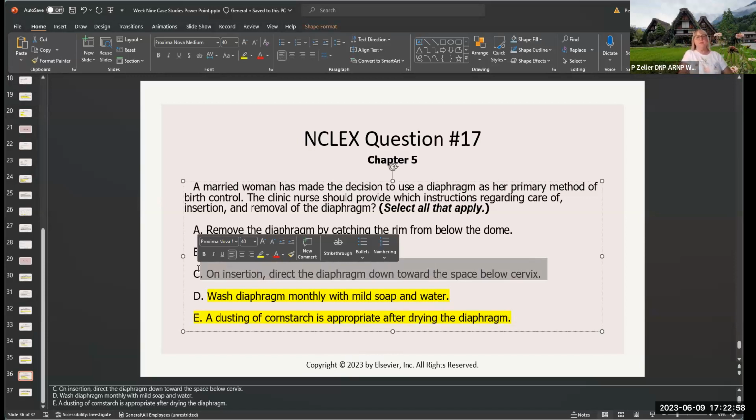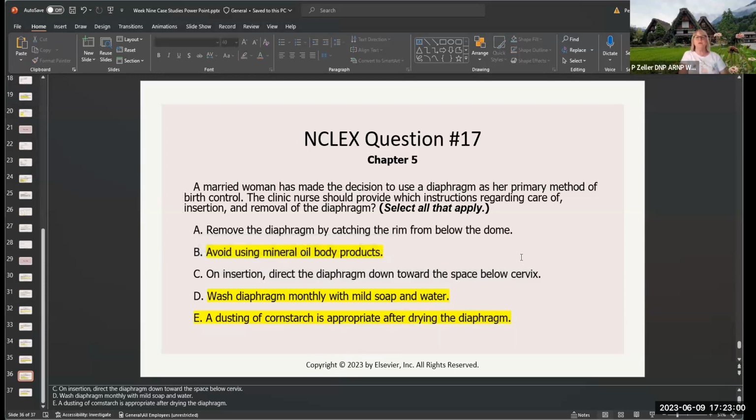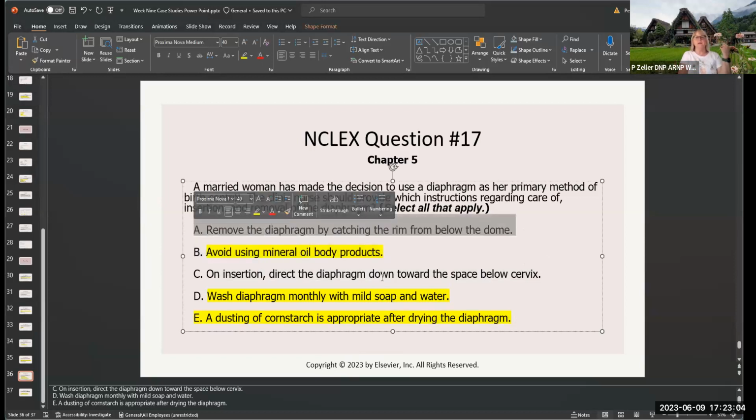She can grab with her finger the edge, the rim, because it has a rim on it, and the diaphragm itself. I have pictures on my PowerPoint. So those are all correct.